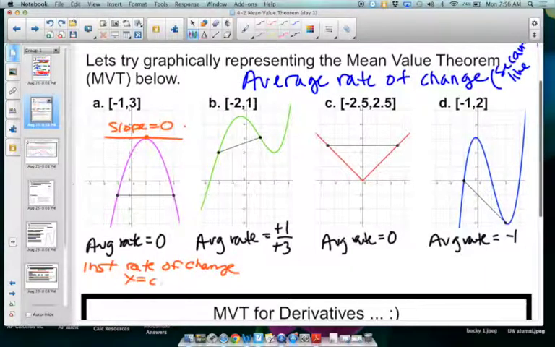Try to write down the right answer. It looks like for this one, it occurs at about x equals 1. Instantaneous rate of change. How about here? About -1, right?